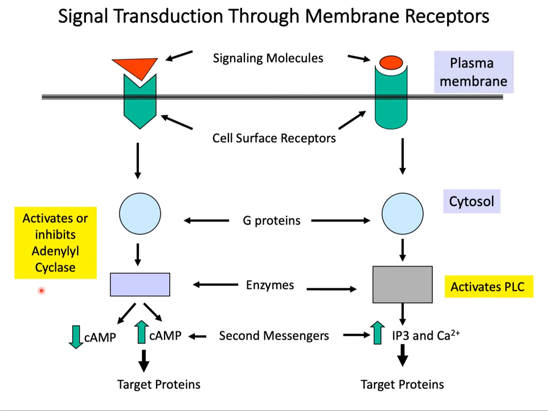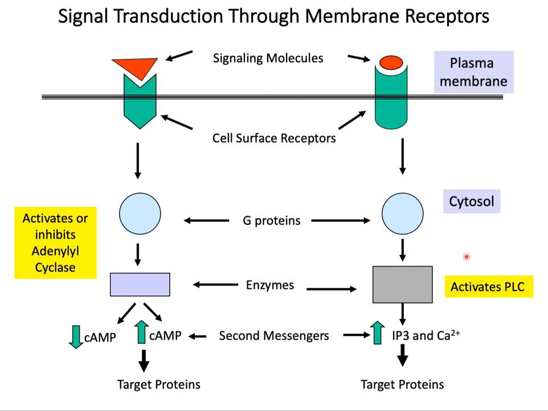So now what I want to look at is the G protein coupled receptor that can activate phospholipase C, and that's shown here in the right hand side of the slide. So here you have a signaling molecule that binds to the plasma membrane receptor, and this G protein coupled receptor activates the G protein, and this is a different type of heterotrimeric G protein that can go on and activate phospholipase C or PLC.